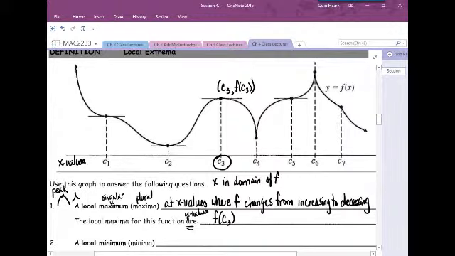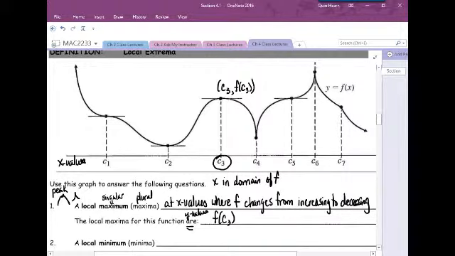All right, now what's another one? Does anyone see another one where we have a peak? C1, C2, C3, C4, C5, C6, and C7 are the ones we're looking at. Does anyone see one of those besides C3, which is a peak? C6, very good.